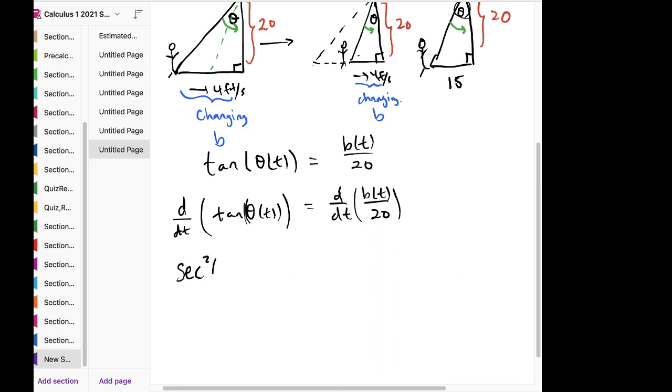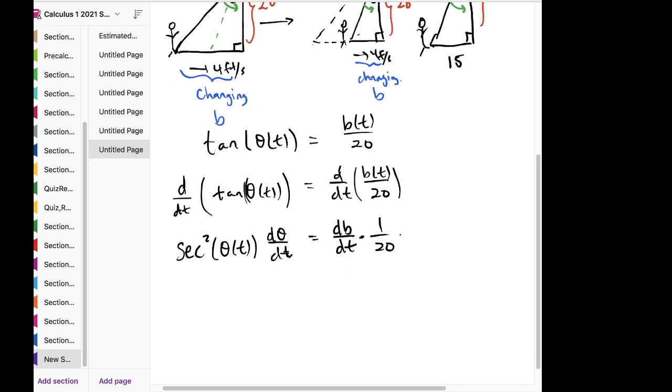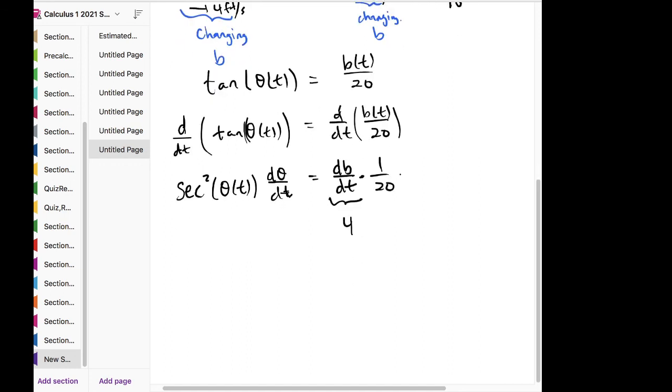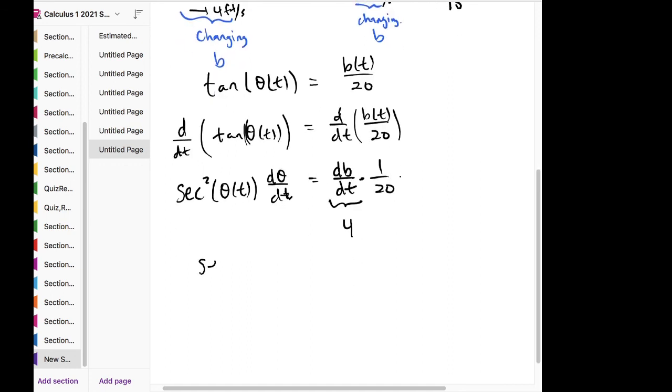It's secant squared of theta of t, and then d theta dt, right, by the chain rule. And this one is db dt times 1 over 20. Okay, db dt was fixed to be 4. So the equation is secant squared of theta of t, d theta dt is equal to 1/5.